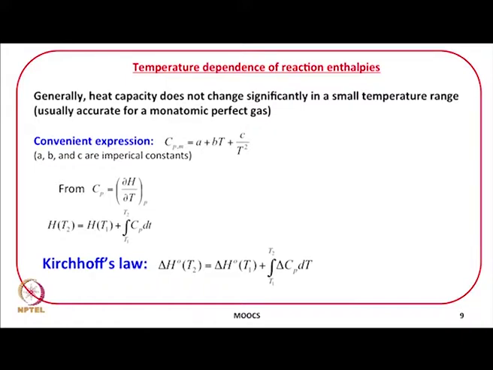What you need is the information on the values of heat capacities, delta Cp, which is the change in heat capacity when the reaction proceeds. Either one can experimentally determine it, or one can calculate it if you know the heat capacities of the products and reactants. Then by using the suitable stoichiometric numbers, the difference in heat capacities of products and reactants will give you the value of delta Cp.